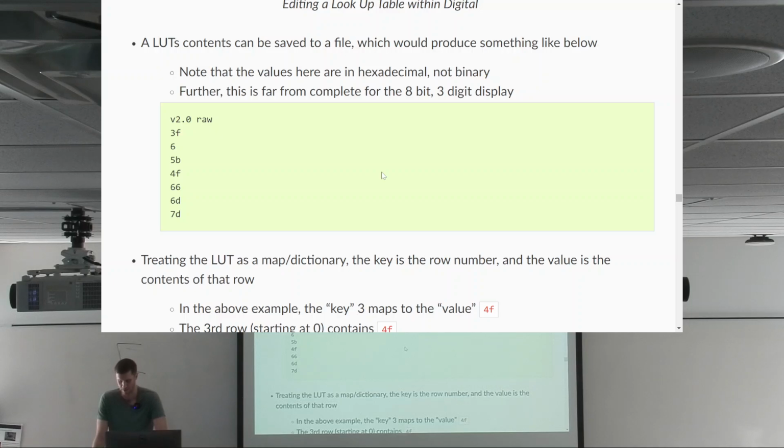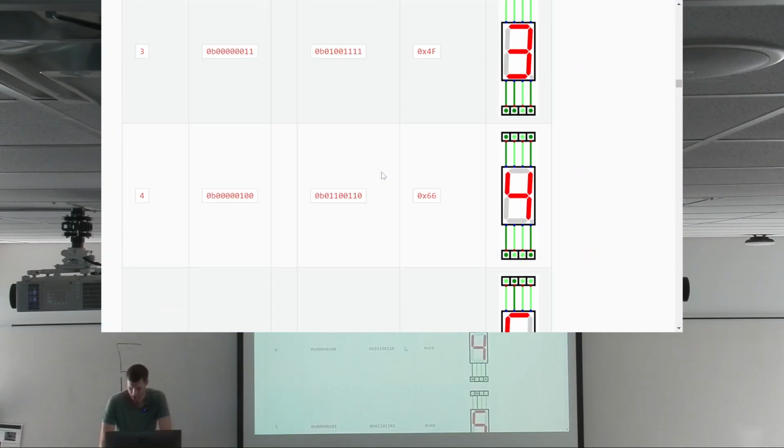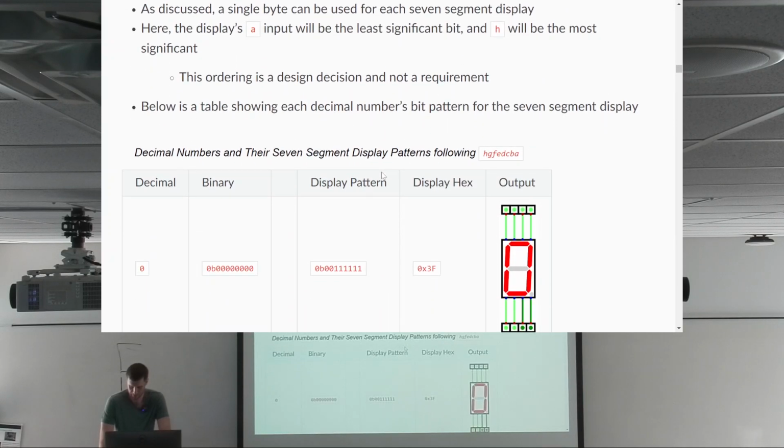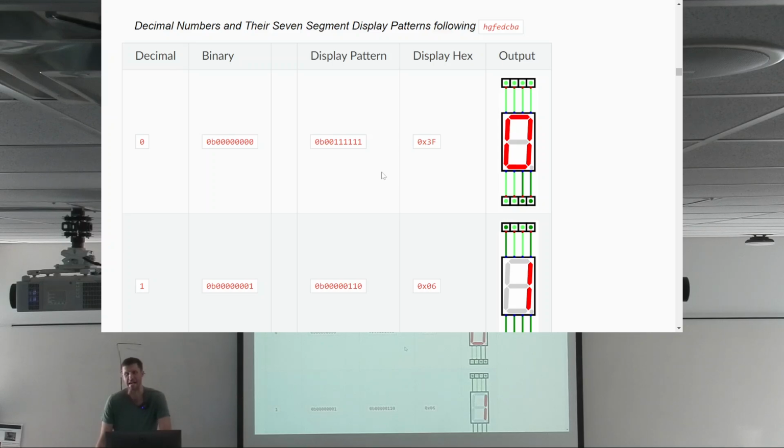Let's do an activity. Listen up. Following the same order where A is the least significant bit, give me the 24-bit pattern for the number 128.